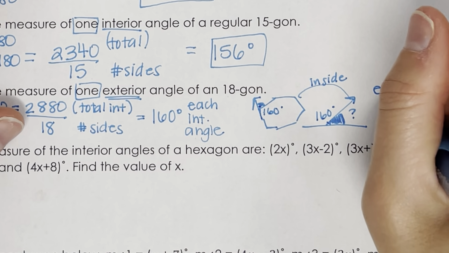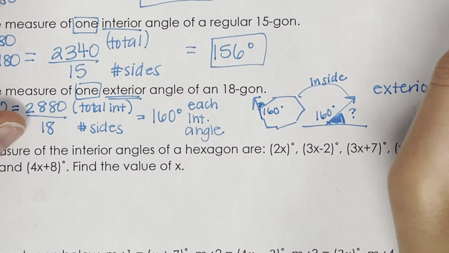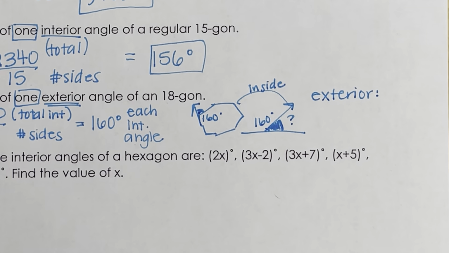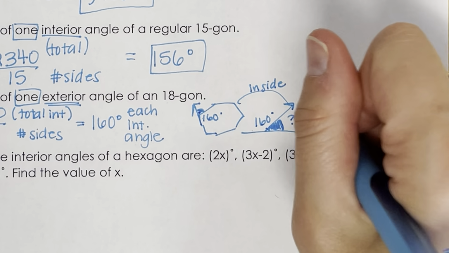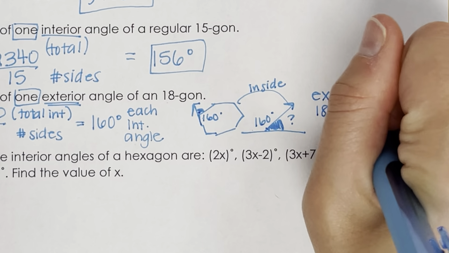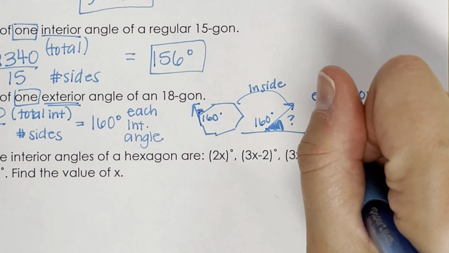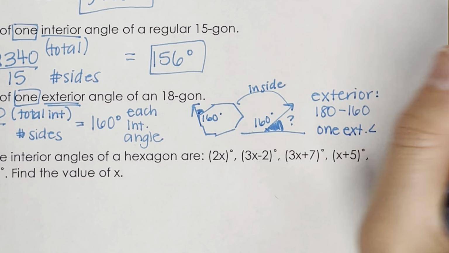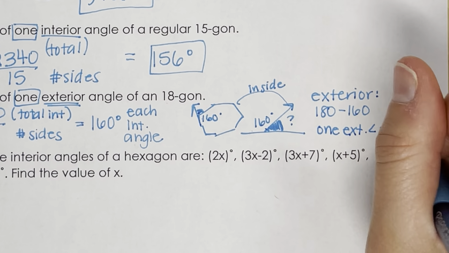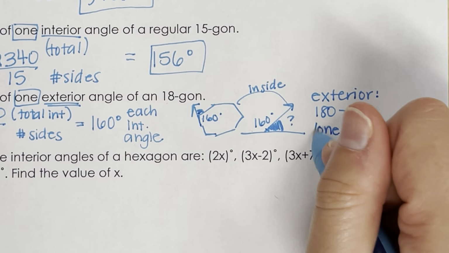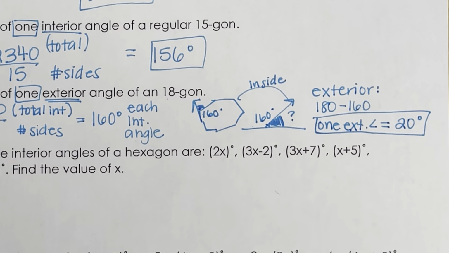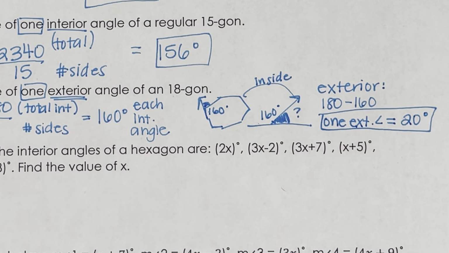So to find the exterior of just one angle, I'm going to take 180, a straight line, and subtract 160. So one exterior angle is equal to 20 degrees. There's a lot of work to get there, but in the end, we got it.